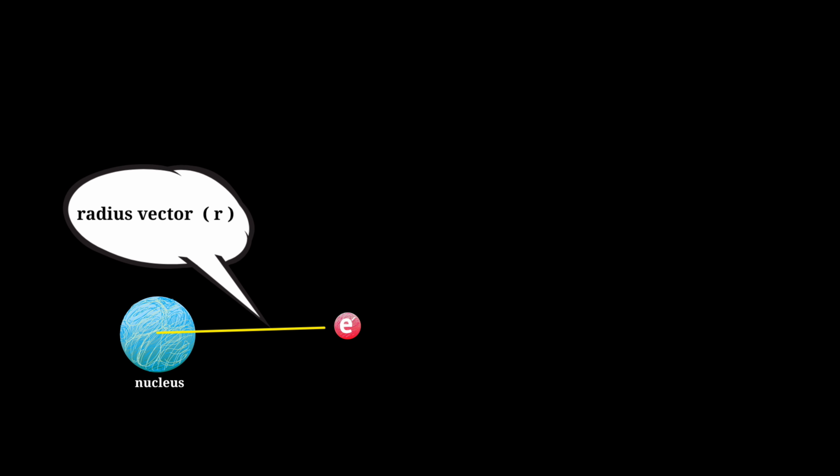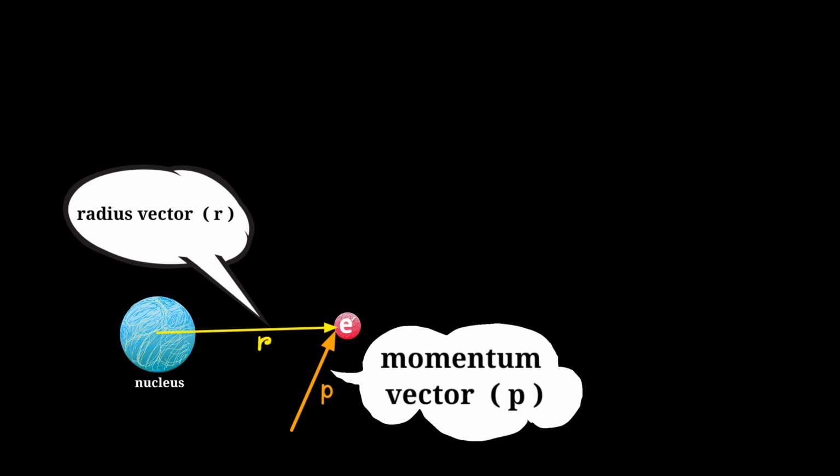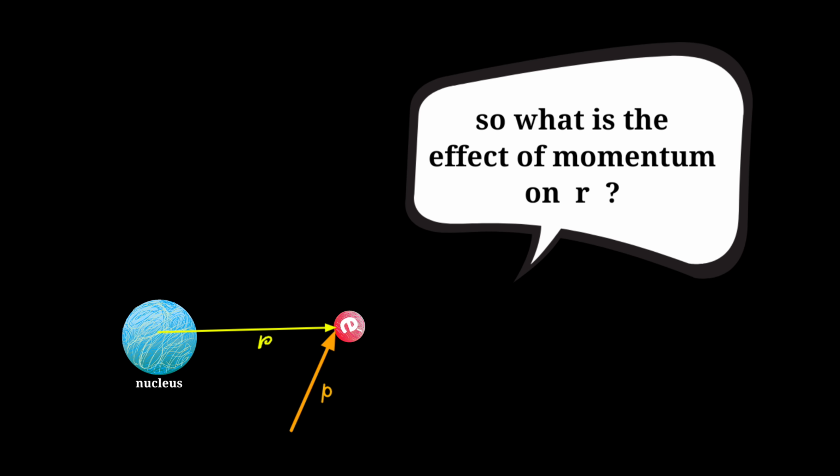For example, this is a nucleus electron system. It is the radius vector r. It is the momentum vector p. So what is the effect of momentum on r?